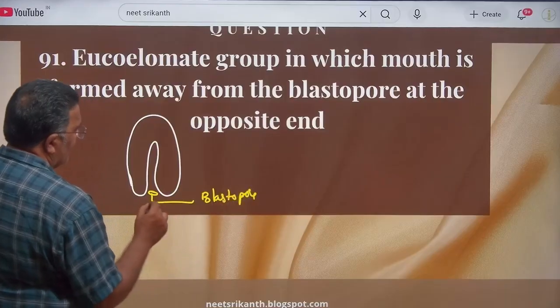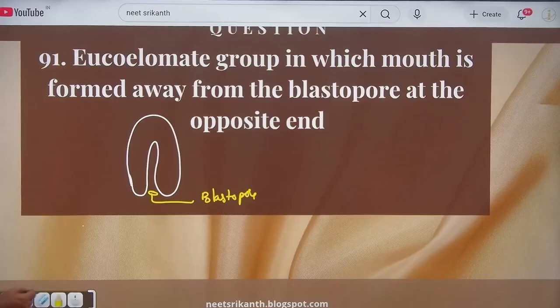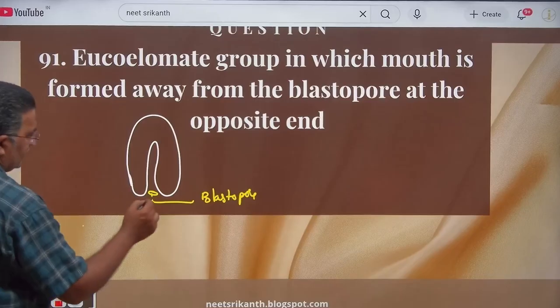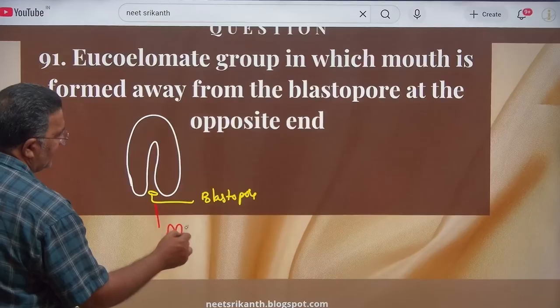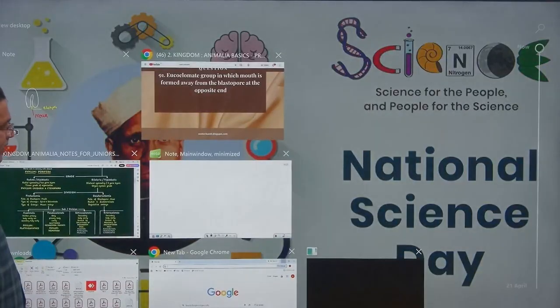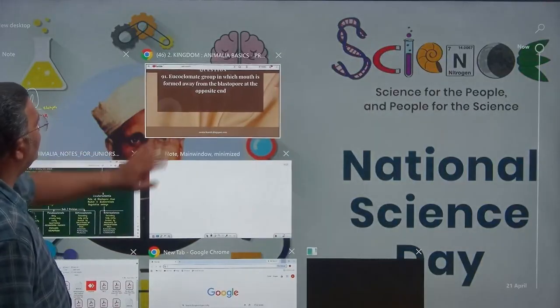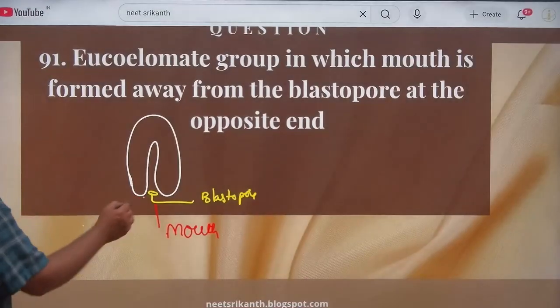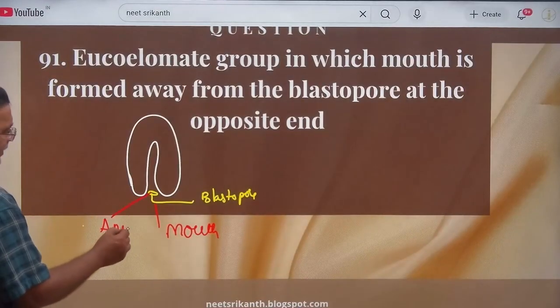If this blastopore develops as mouth, we said that is protostomia. If the blastopore develops as anus, we called it deuterostomia.